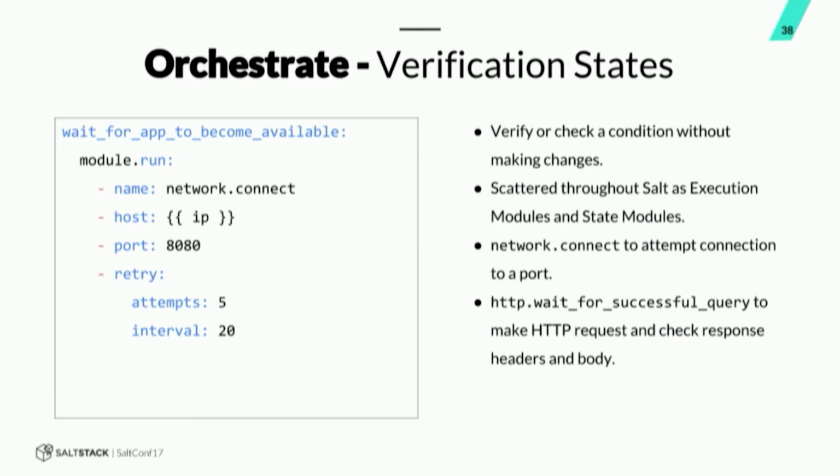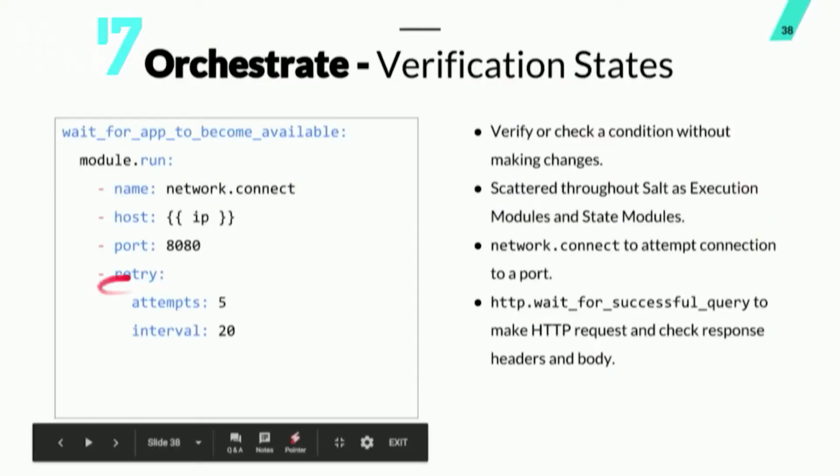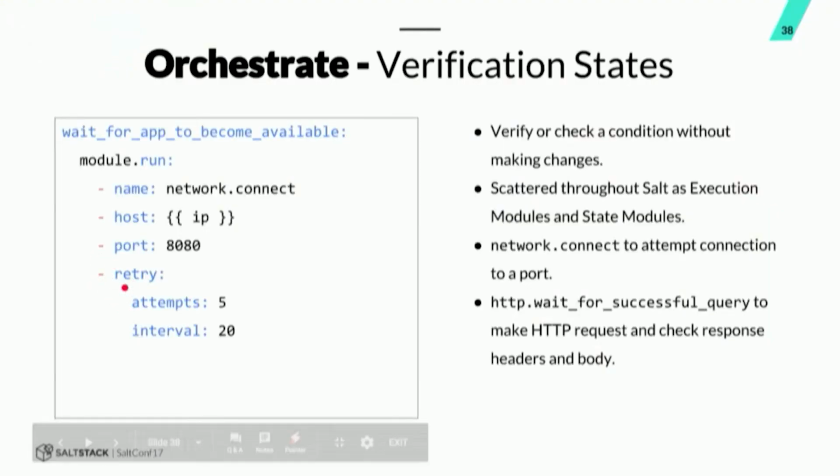If you kick off something on a minion, you start a service or that sort of thing, now you can try and connect to that service by connecting to that port until it comes up, right? And there's retry intervals. This is specific to Salt's state system, this retry. So you can put that on any state in Salt. It's not specific to Network Connect. And so, yeah, it's a nice way to just continually poll something until it either times out or comes up, and you can move on successfully.